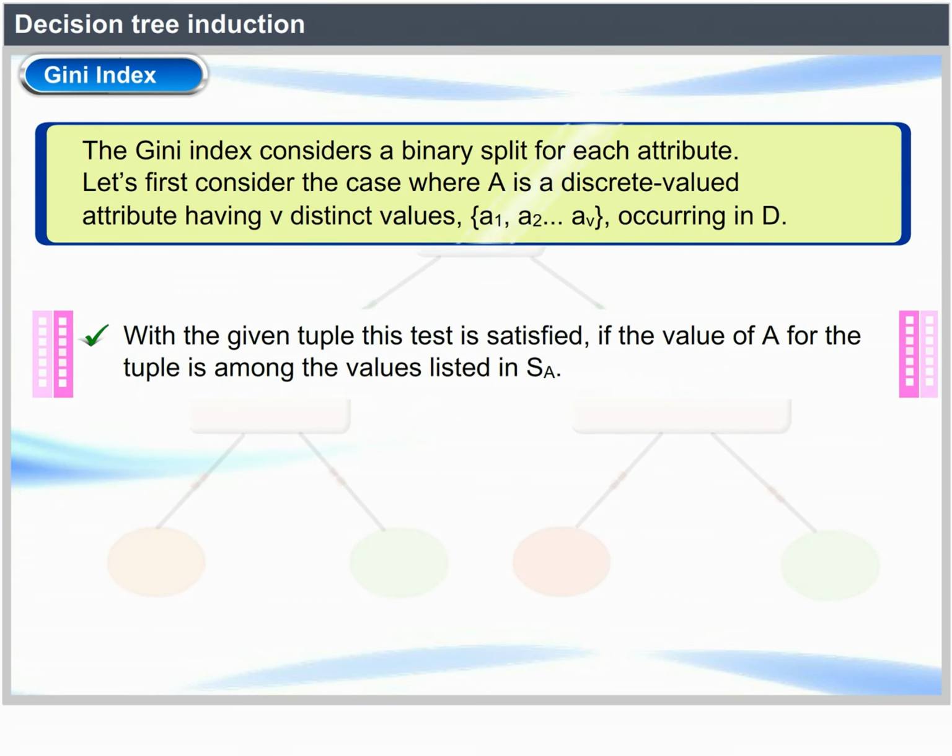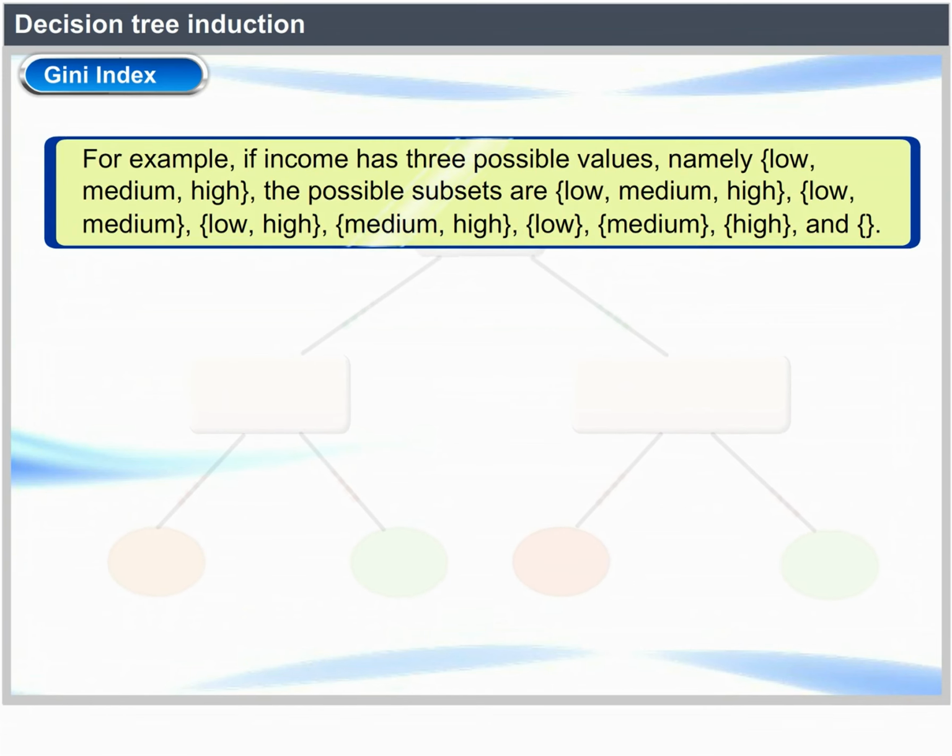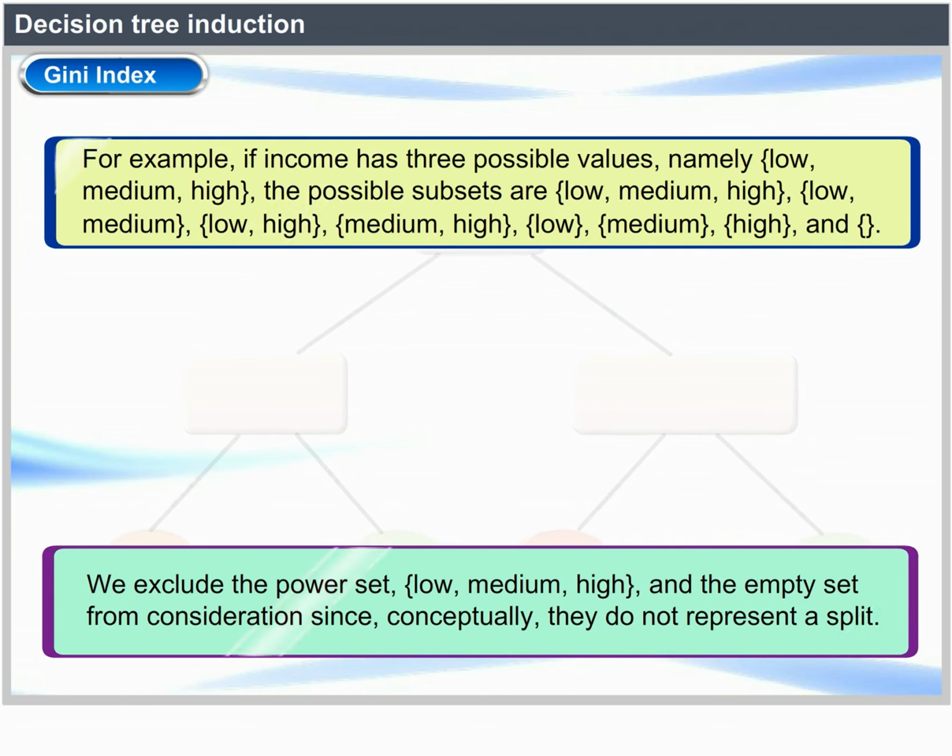If A has v possible values, then there are 2^v possible subsets. For example, if income has 3 possible values, namely low, medium, high, then the possible subsets are {low, medium, high}, {low, medium}, {low, high}, {medium, high}, {low}, {medium}, {high}, and the empty set. We exclude the full set {low, medium, high} and the empty set from consideration since, conceptually, they do not represent a split.